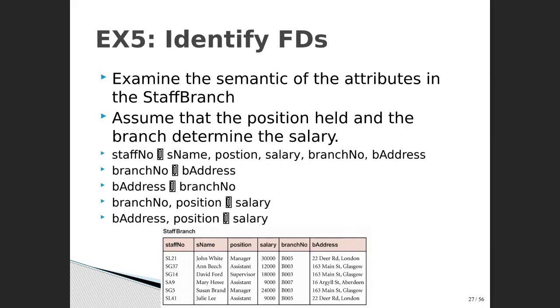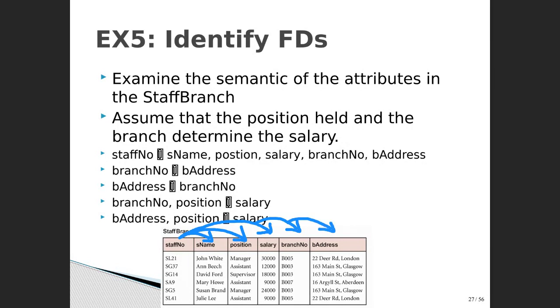We can determine, for example, the first functional dependency: we can see that staff number is a determinant for all, right? Because it's a primary key, it will be a determinant for all. So staff number will determine staff name, position, salary, branch number, and branch address.